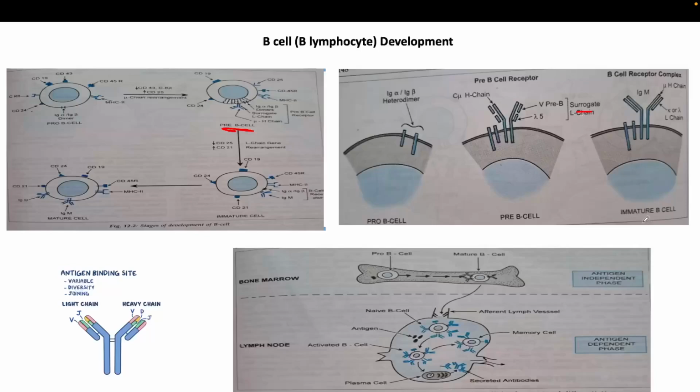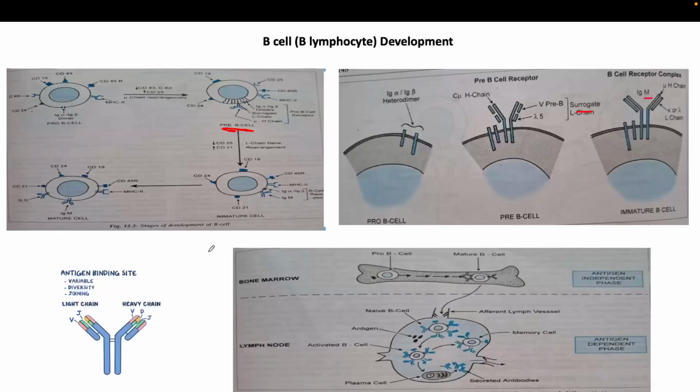When the immature B cell is produced, at that time the heavy chain as well as the light chain rearrangement will be completed, and it can be synthesized as an intact molecule of IgM. So firstly, in the immature B cell the first antibody synthesized is IgM.